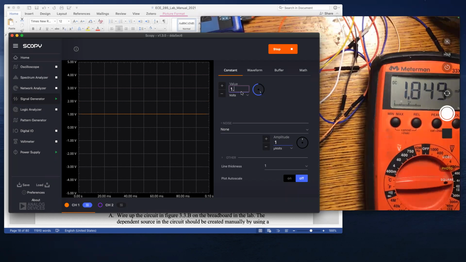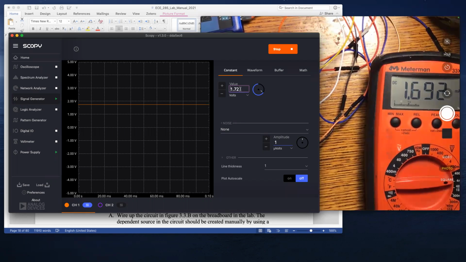So let's just try 1.5. This is something you'd have to tweak experimentally. Okay, so 1.75, I'll just keep doing this. Okay, so I got closer around 1.7. So I'm closer at 1.8. Okay, wonderful.